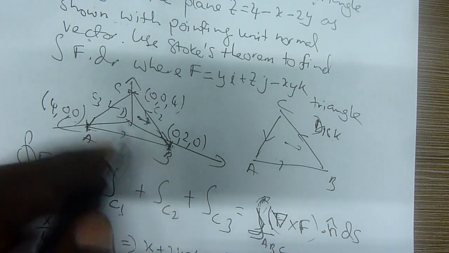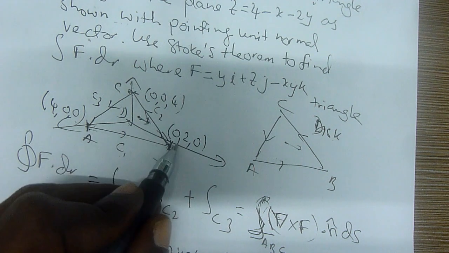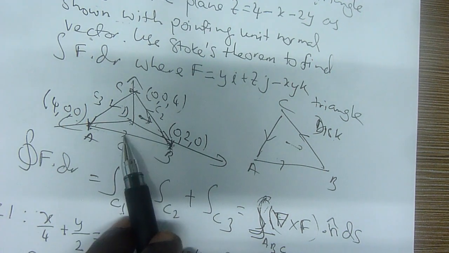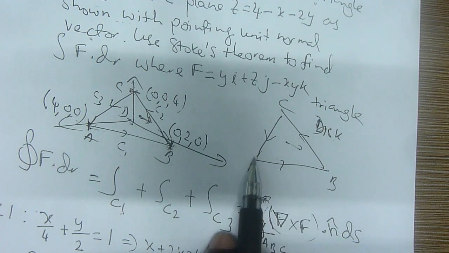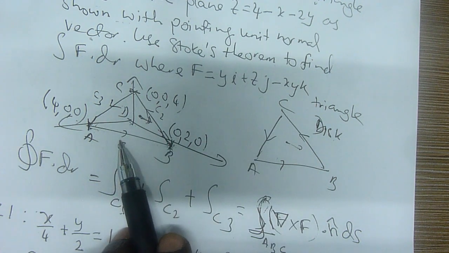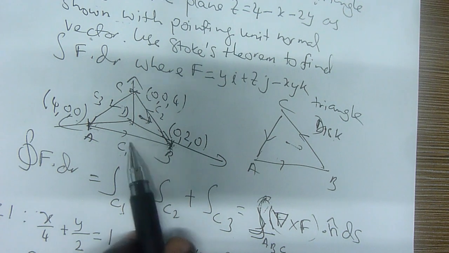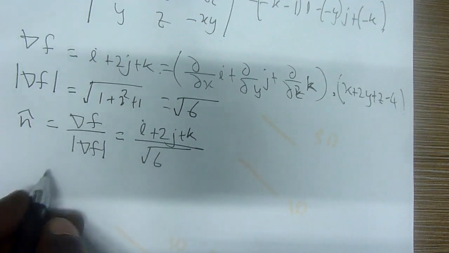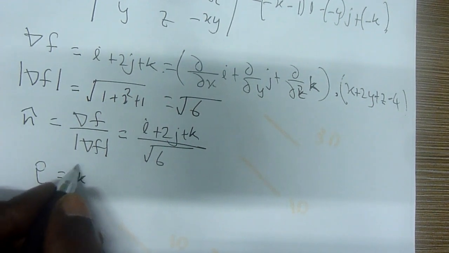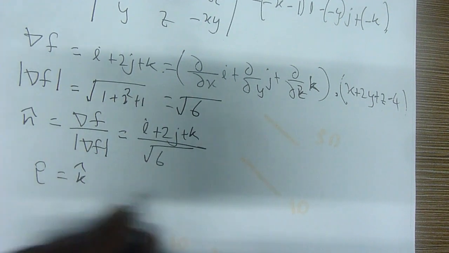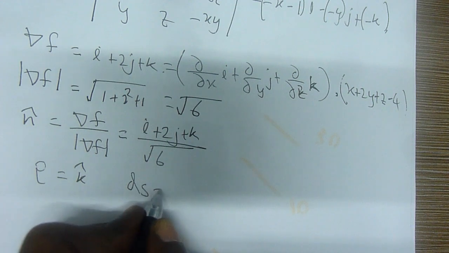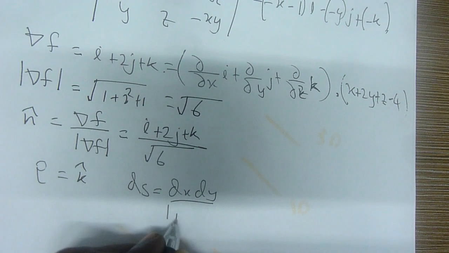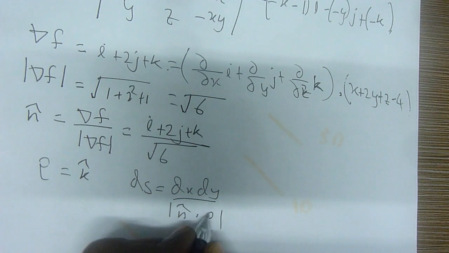Put it on the ground, place on the ground. Because I already told you, for this kind of square we can only use a shadow. We can use a shadow to solve it. Therefore I use rho here as k. dS is dx dy over n dot rho.